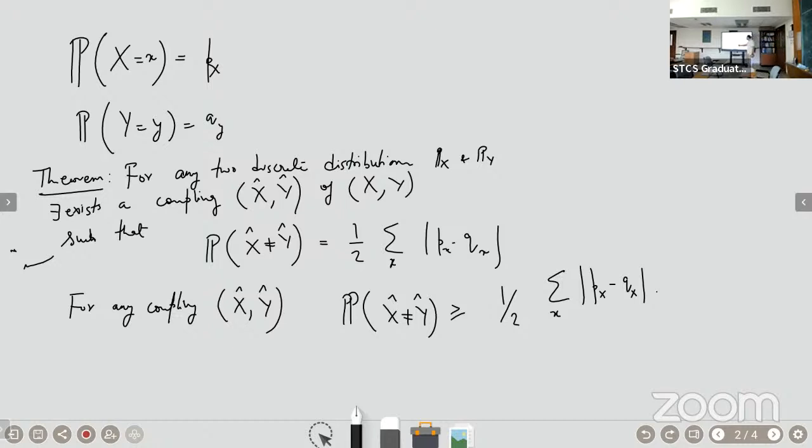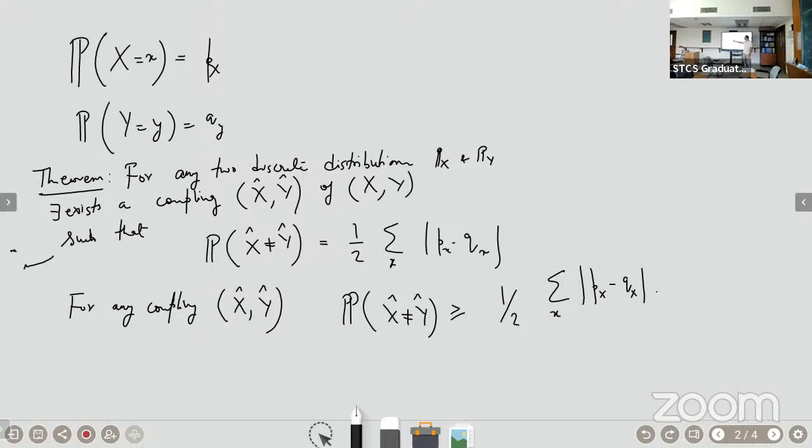If you had tried starting by saying this is 0, something would have gone wrong. That's essentially what it's telling. So suppose you started, for my example x and y, by fixing the probability that x hat is not equal to y hat to be 0. The theorem tells you that you can't find such a coupling.